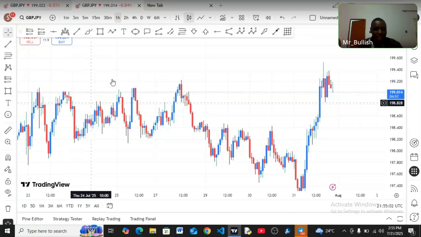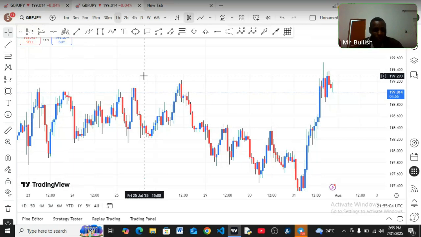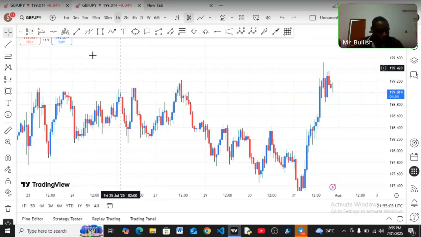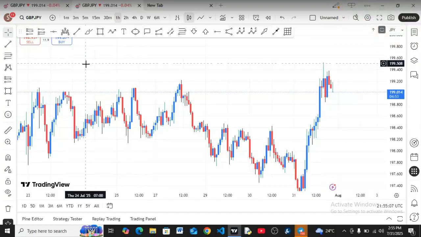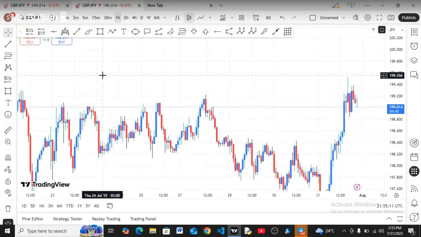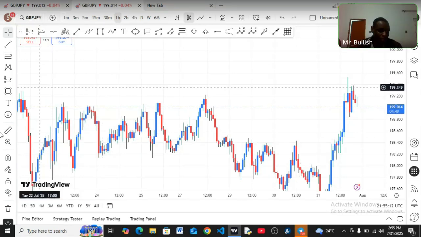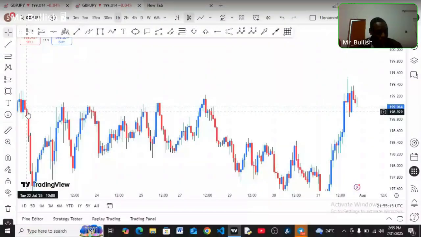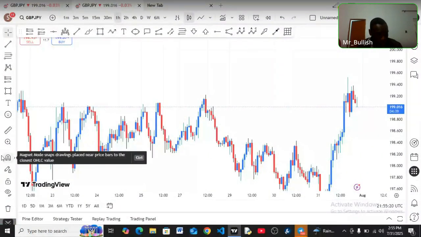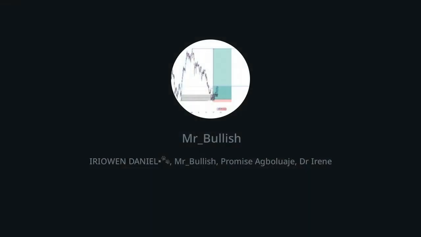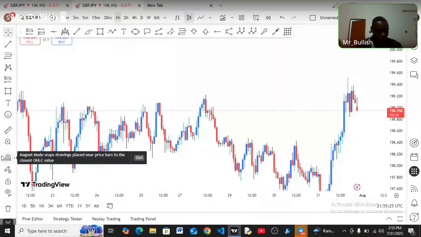Now, there are 7 major currency pairs. We have the US dollar, the euro, the Japanese yen, the Great British Pound, the Canadian dollar, the Australian dollar.